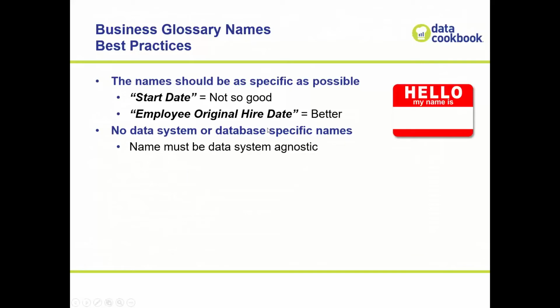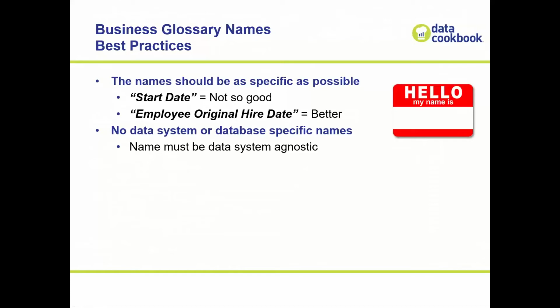Secondly, and this goes back to the difference between functional and technical, you want to have no data system or database specific names in your glossary. The one exception is if you're literally talking about the name of your database. But the point is that these are business terms. Employee original hire date is a thing you want to document in reports and talk about.